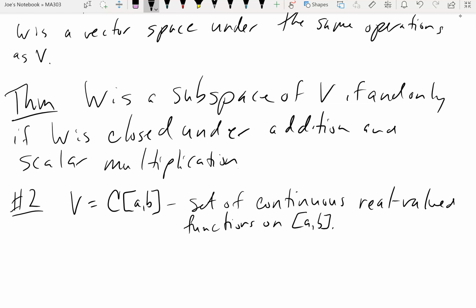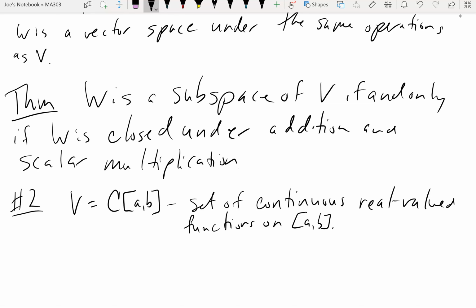Some people put a superscripted 0 on here as well, because when you start upping the superscript by 1, 2, 3, and so on, it tells you how many times the function is differentiable.